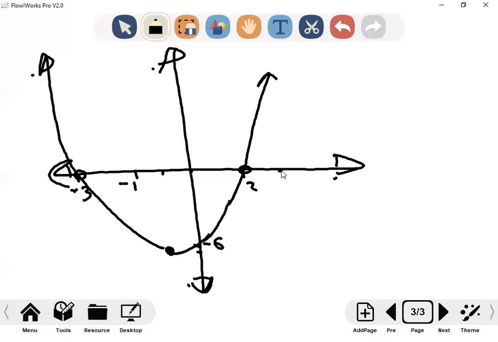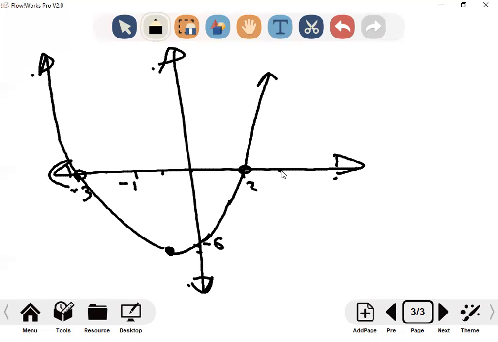It will be positive. So the function is positive when x is less than -3 and x is more than 2. The function is negative between them, down. Get it?